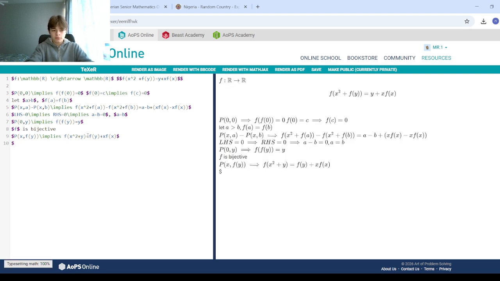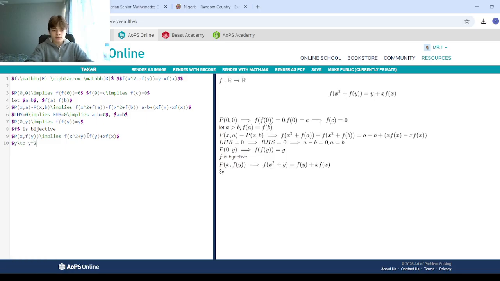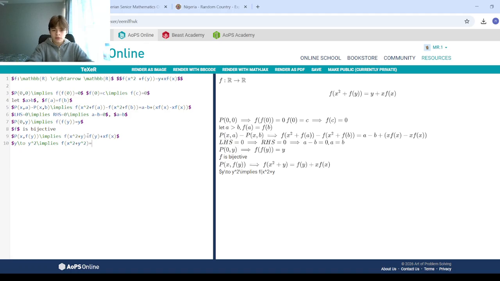And now let's replace y with y squared, and we will get f(x squared plus y squared) is equal to f(y squared) plus x f(x).